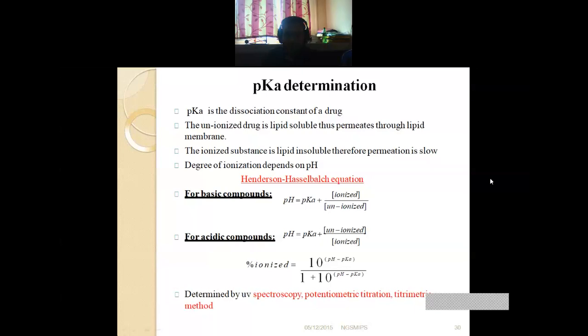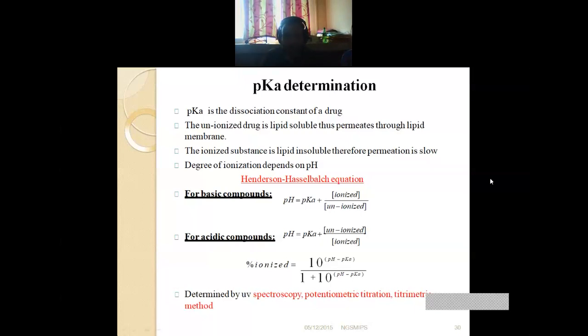And for the acidic compounds, pH is equal to pKa plus log of ionized divided by unionized. So the percentage of ionized drug is 10 to the power pH minus pKa divided by 1 plus 10 to the power pH minus pKa. So this is the basic equation for basic and acidic drugs.